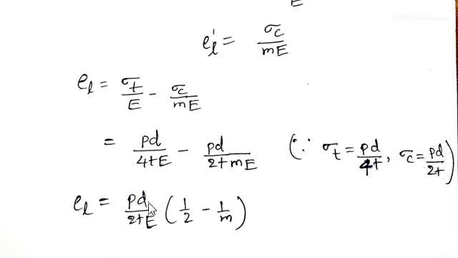So if I take PD by 2TE common from this term and this term, here I get 1 by 2 minus, and outside PD by 2TE, it is 1 by m. So the longitudinal strain, which we can also write as delta L by L, is nothing but PD by 2TE into 1 by 2 minus 1 by m. So this is the expression for longitudinal strain in thin cylindrical shells or pressure vessels.